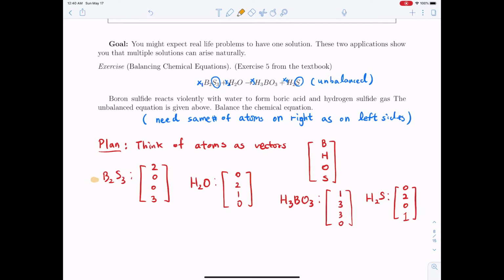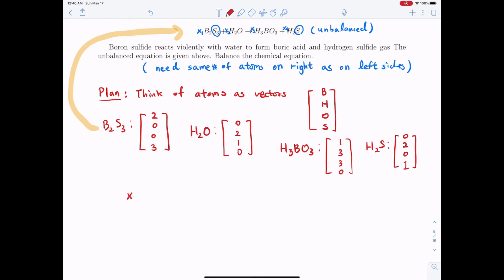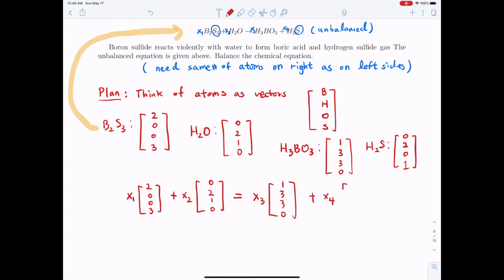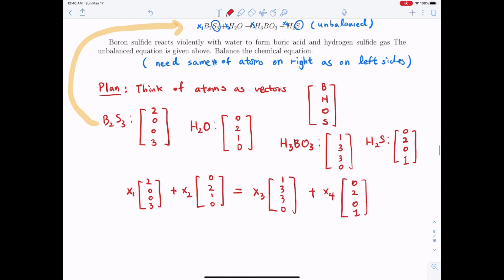If you plug all these into the relation above, that gives you x1 times (2, 0, 0, 3) plus x2 times (0, 2, 1, 0) equals x3 times (1, 3, 3, 0) plus x4 times (0, 2, 0, 1).